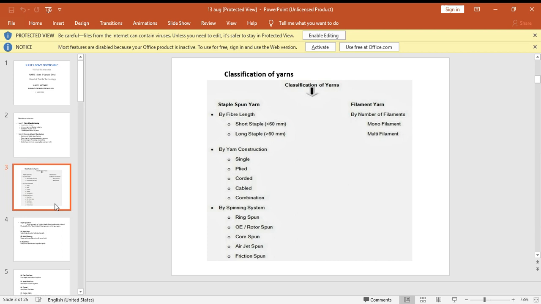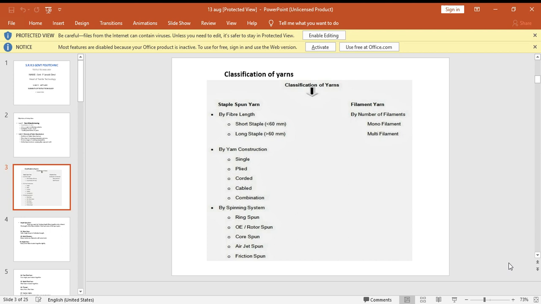So again, classification of yarns: yarns are classified into staple spun yarn and filament yarn. Staple spun yarn is classified by fiber length into short staple, which is less than 60 millimeters, and long staple, greater than 60 millimeters.